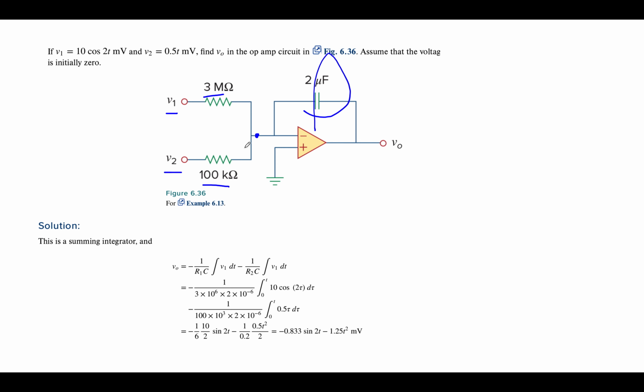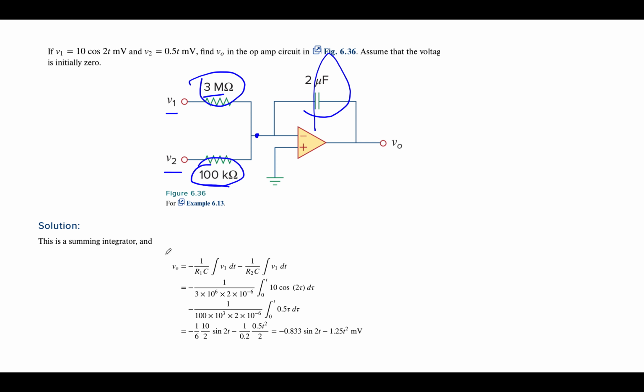So the input here will just be the weighted input of V1 and V2, and instead of just simply summing with a feedback resistor and each thing giving you the ratio, we now have V1 integrated with 1 over R1C, where R1 is 3 mega ohms, and V2 integrated with 1 over R2C.